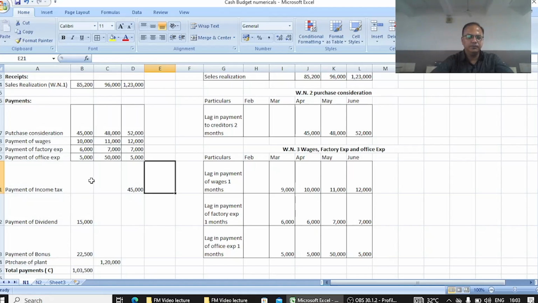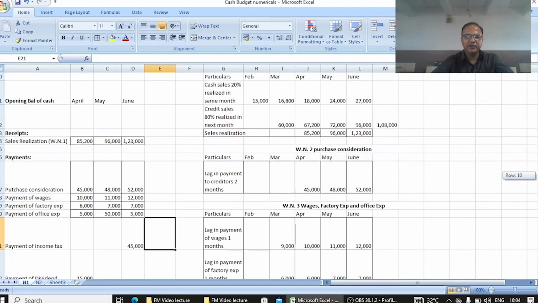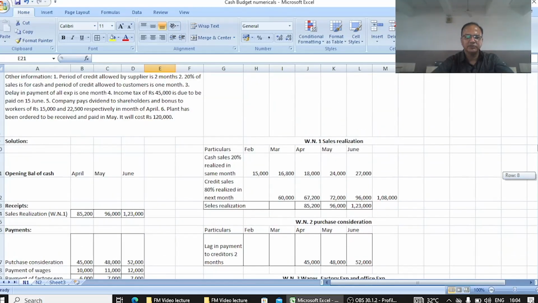Now, sales realization. First one is opening balance of cash.